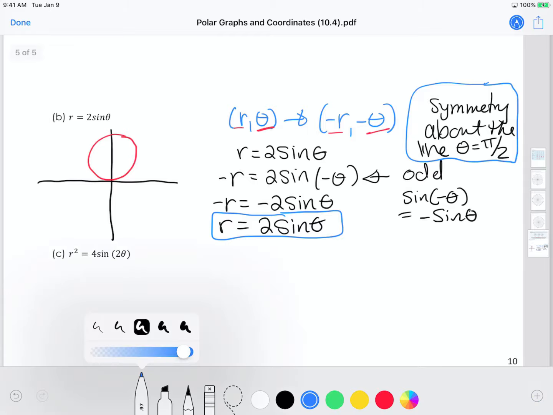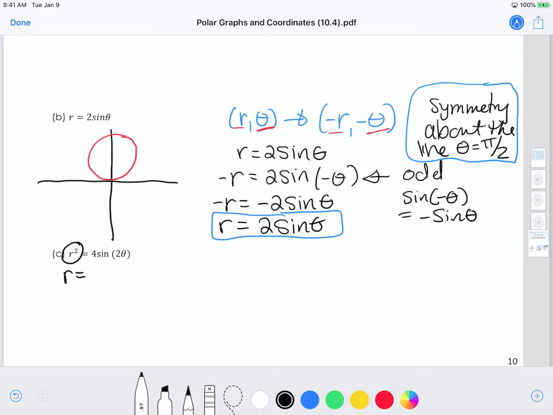Okay, last example. I have r squared is equal to 4 sine 2 theta. Now, because this is an r squared, and our calculator only graphs it if it's r is equal to, and then you plug in the rest of the right-hand side of the equation, I have to square root both sides and solve this for r.